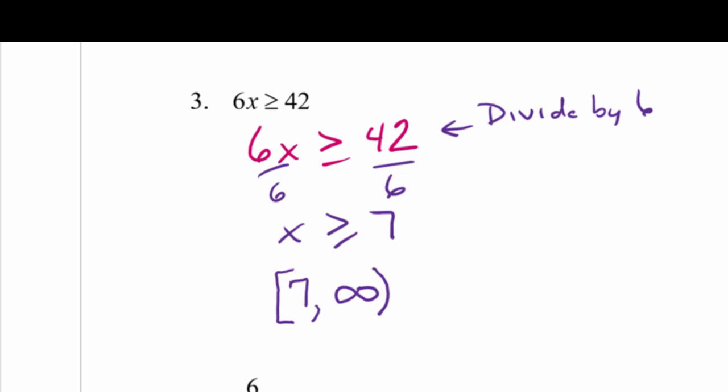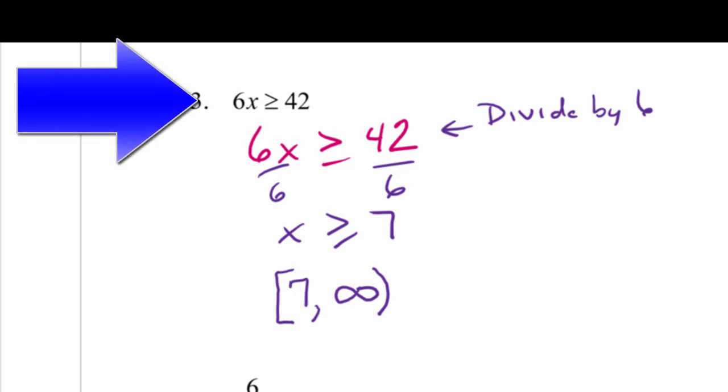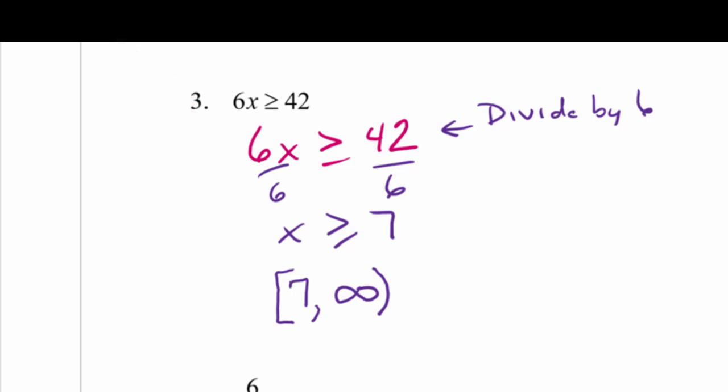And now notice you can check your answers by picking one of these numbers that are bigger than 7 and substituting into the original problem. For example, 10. 10 is bigger than 7, right? So it's in the solution set. And if I substitute 10 back into this original inequality, 6 times 10 is 60, and that is greater than or equal to 42. So that checks.